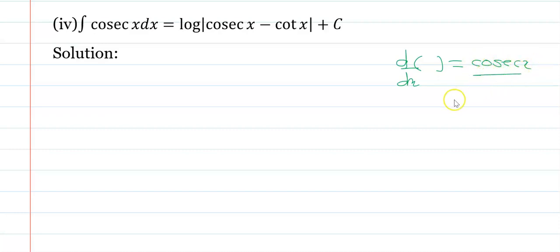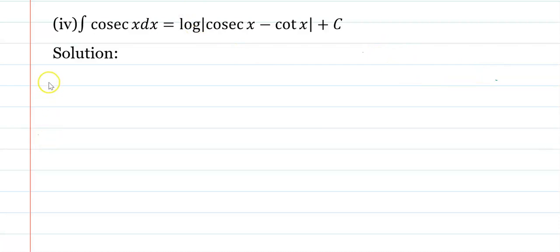You can't tell directly this function, and hence if we integrate on both sides, integral and derivative will get cancelled, and you will get the integral of cosec x dx equal to that f of x. And that's why again here we are applying the method of substitution to find the integral of cosec x.